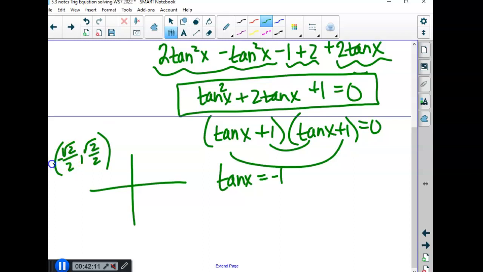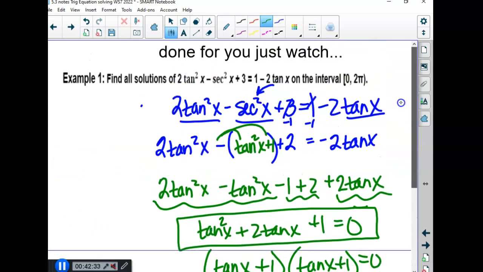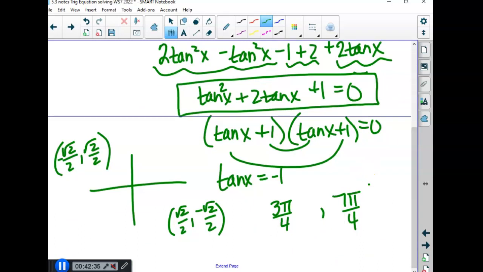Square root of 2 over negative square root of 2. And down here, when I put the y over the x, wouldn't that give me a negative 1? So what are those two spots? 3 pi over 4 and 7 pi over 4. Was this a 0 to 2 pi or everywhere? Okay. Is that the two answers that they had? All right.